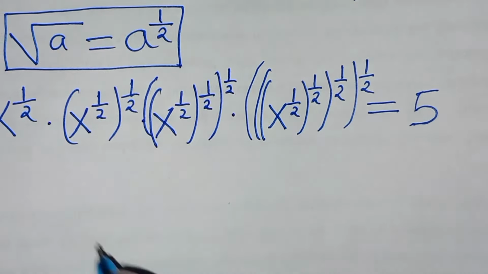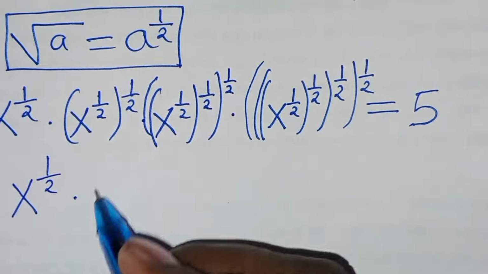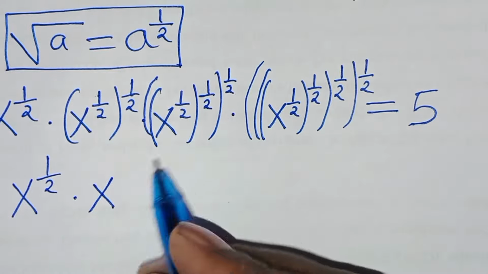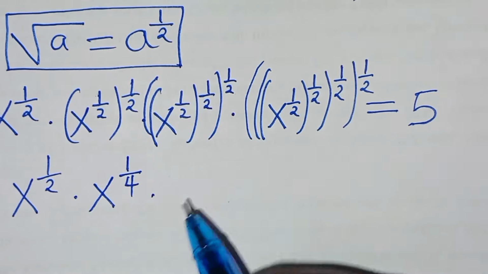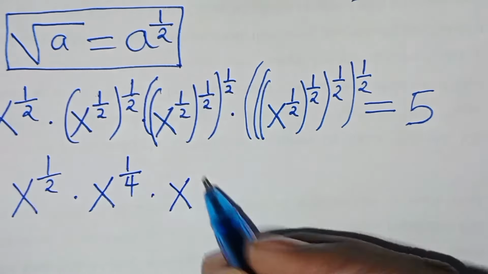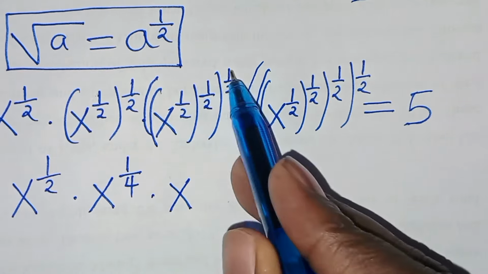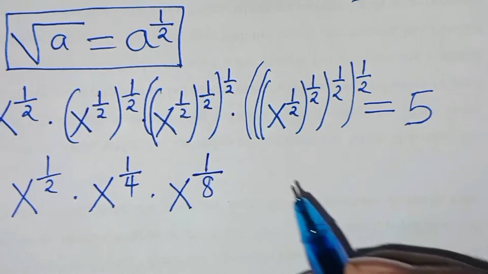Now the next step is that here we have x to power half times, this is x to power half times half, this is the same thing as 1 over 4, then times x raised to power half times half times half. So this is the same thing as 1 over 8.